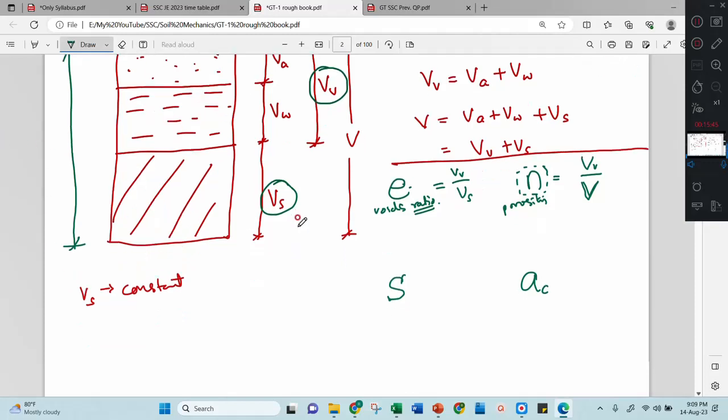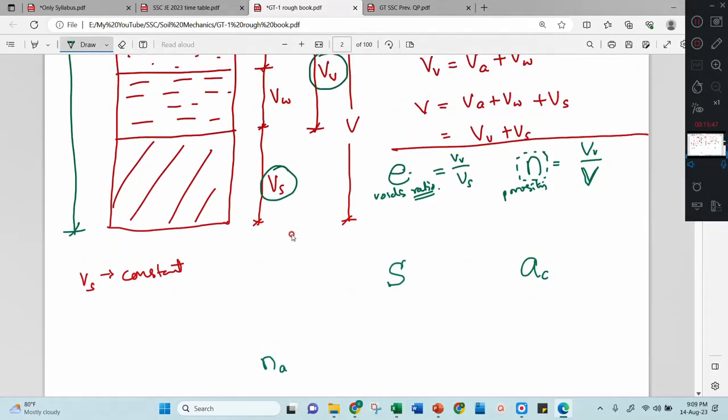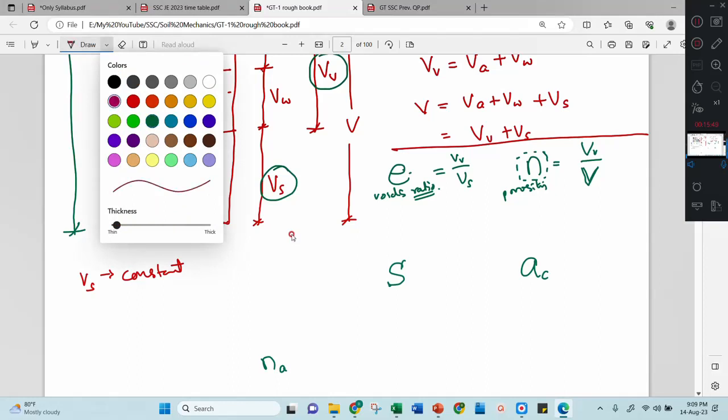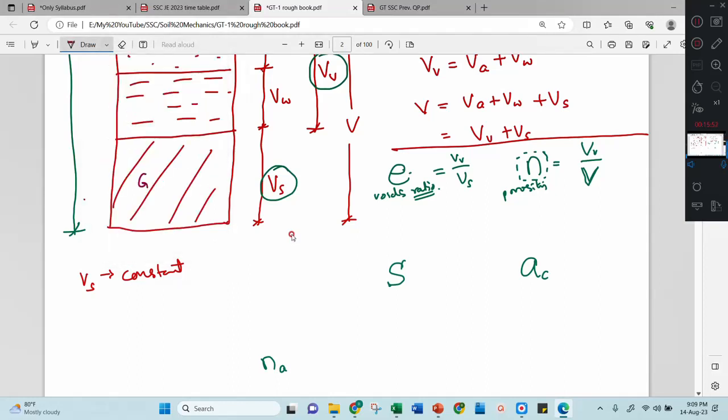Correct? Now we have, except the ground floor, the first floor and second floor. The comparison will be here. That is VW divided by VV, and this is your VA divided by VV.